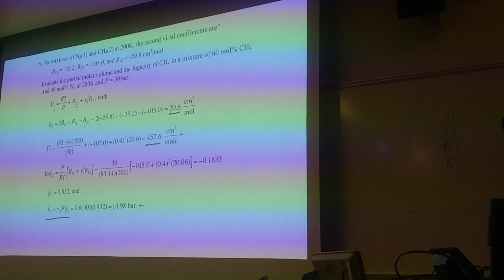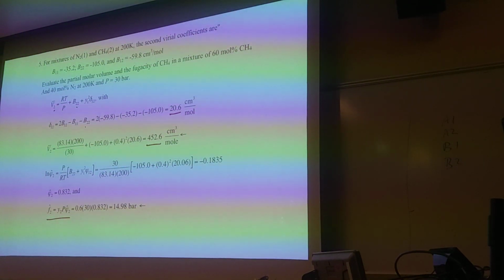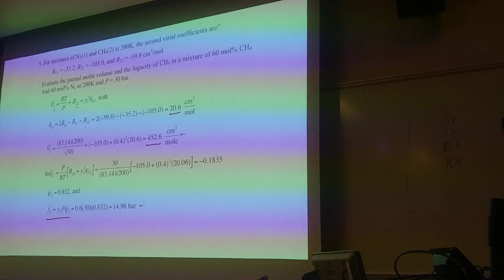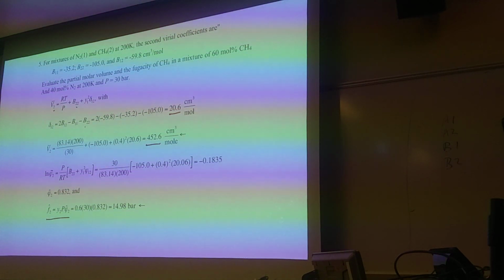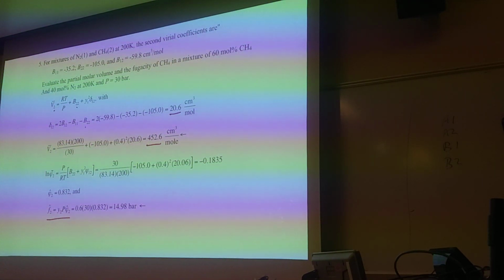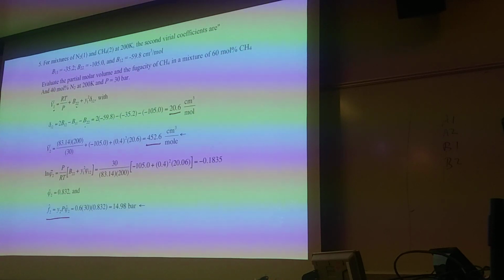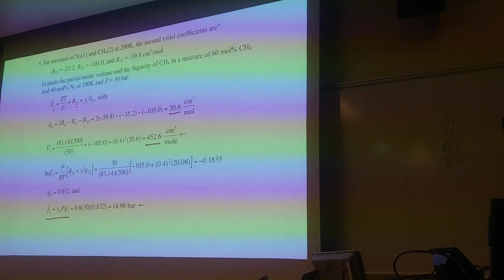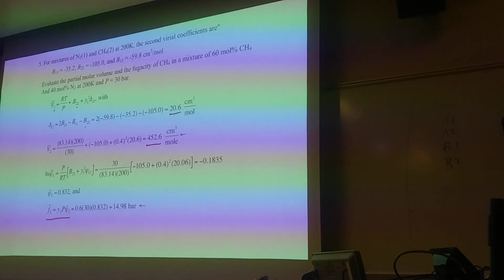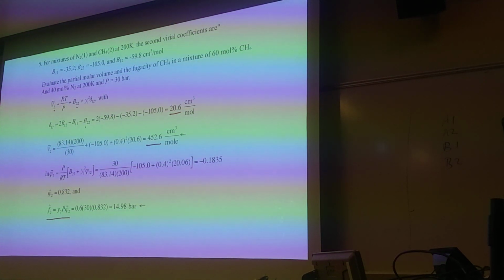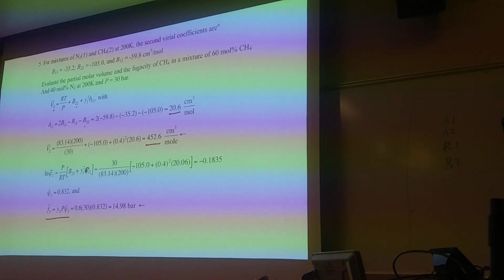But I've got expressions, you've got them in your notes here: log of the fugacity coefficient of a component 2 in a mixture, hence the hat over it, P over RT times B22 plus the square of the mole fraction of the other component times my, it should be a delta 1,2. Typo.